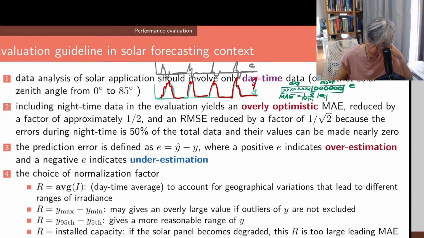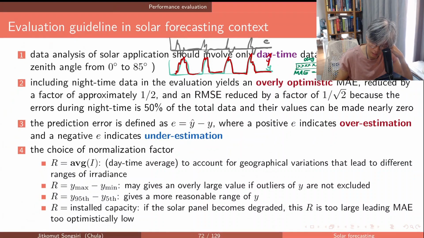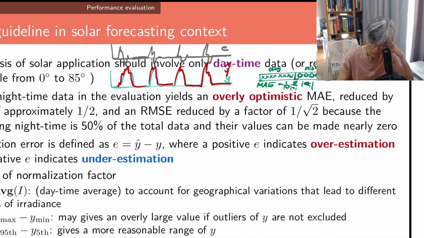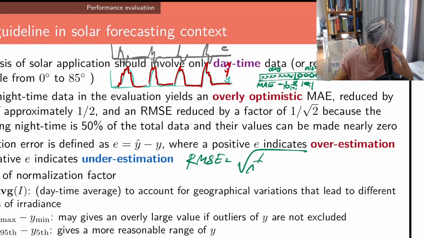Okay. I have a note here as well. I want you to verify it. If you include the nighttime data, it will underestimate the MAE, making it smaller by a factor of one half, because half of the data is zero from the nighttime. And on the other hand, RMSE is the square root of the sum of e_i squared.